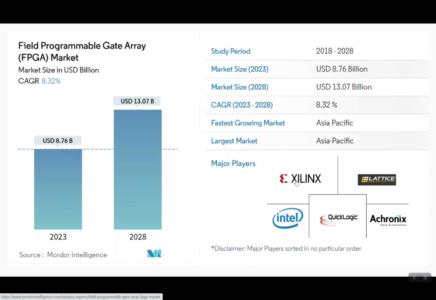AMD Xilinx, we already discussed. Intel, we already discussed. Lattice Semiconductor is another very strong player in this market segment. QuickLogic, Achronix is another one. But I also recommend looking into other companies. Do not leave out the growing companies like Gowin Semi, Efinix.